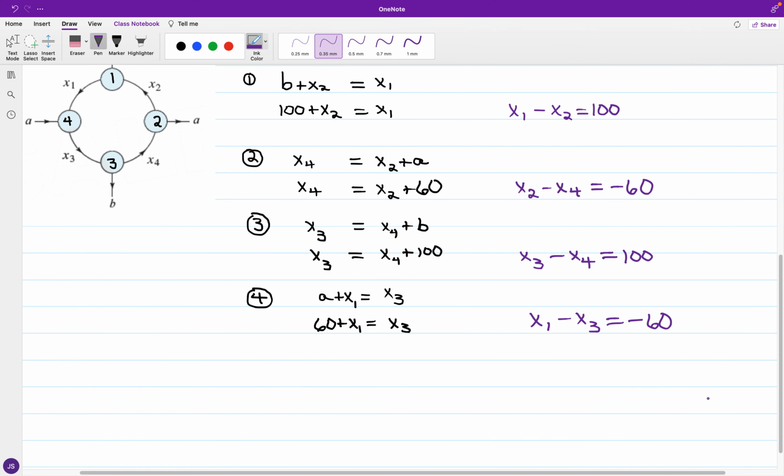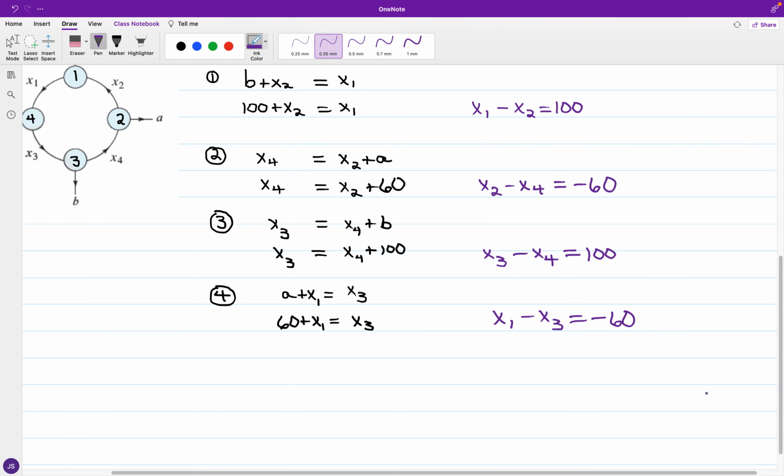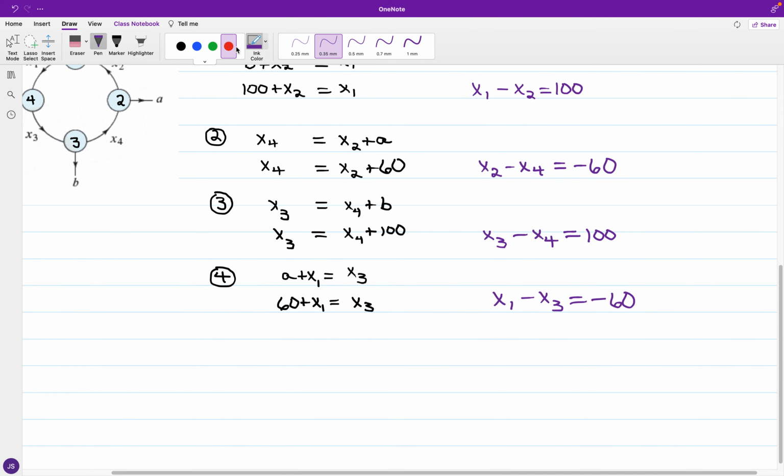Now gathering what we have and expressing it in terms of a matrix, we have x of 1 all the way out to x of 4. The first equation has 1x of 1, negative 1x of 2, and there's no x of 3 or x of 4 term.